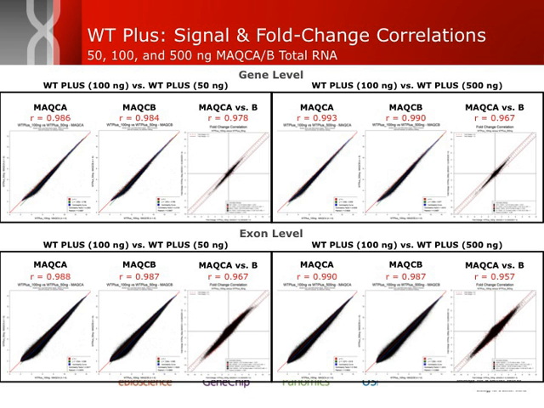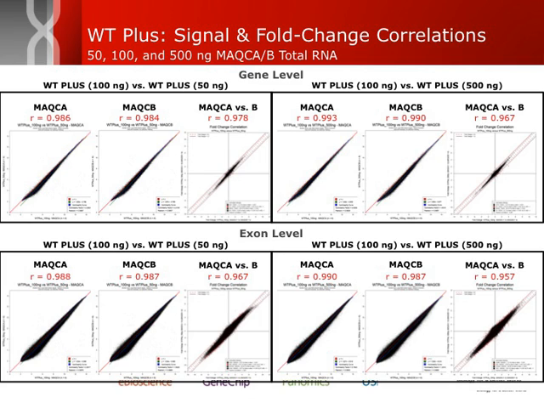And I alluded to this just a little bit before. So these are signal and fold change correlations, both at the gene level and the exon level, comparing different input amounts. So up here in the top left, we're looking at gene level at 50 nanograms versus 100 nanograms. And you can see that within both MAQCA and MAQCB, the Pearson correlations are quite high at 0.98.